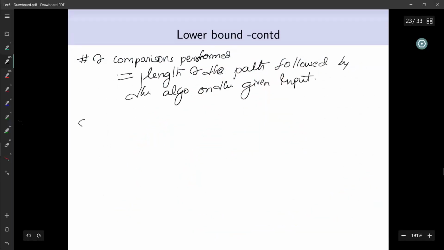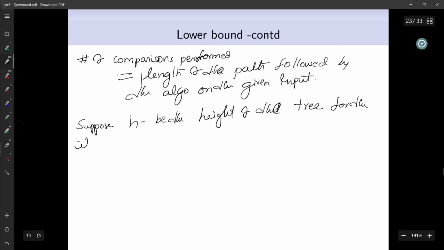So suppose h is the height of the tree for the algorithm. Then, since it's a binary tree, the comparison outcomes are only 2, right? For any comparison, the outcomes are only 2, so it's a binary tree.